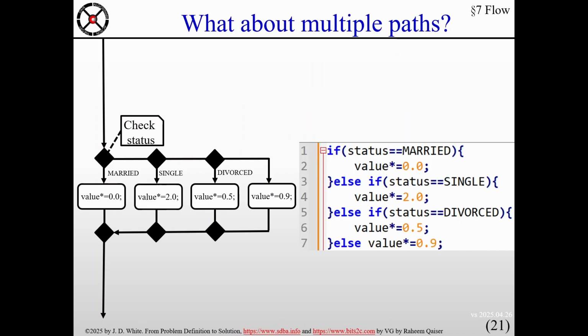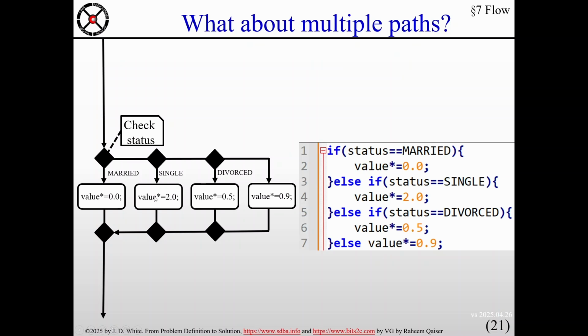Well, in UML, this would be an example of multiple paths. Check status. If the person is married, value times equals 0. If it's not married, then check: is the person single?